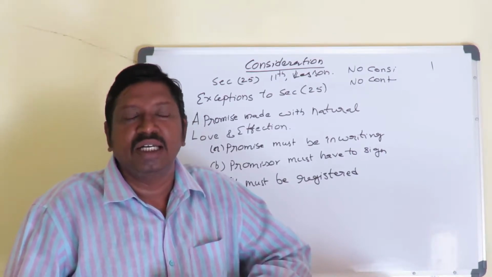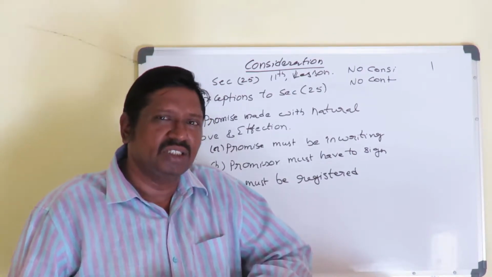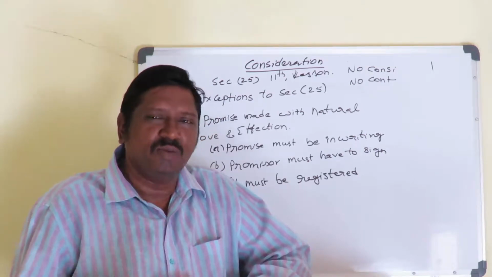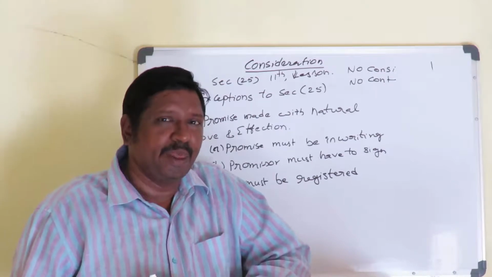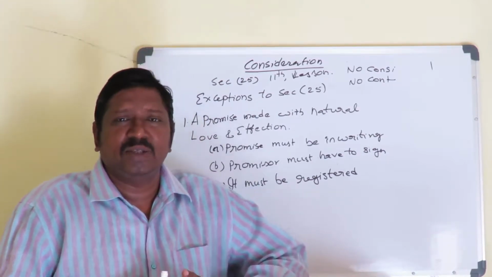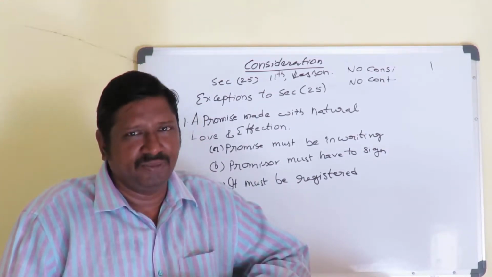But later on, he is not giving whole possession. He is not transferring the ownership. Quiet possession is not handed over by the husband to his wife. The same had been challenged by the wife in the court of law.